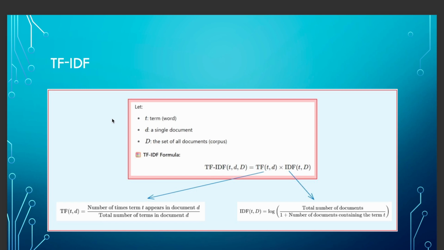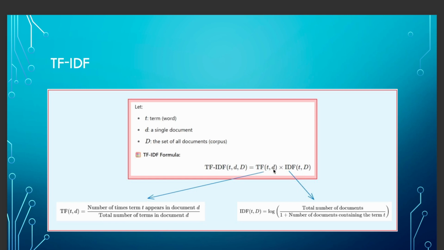So let's look into this formula, TF-IDF. We have three terms in TF-IDF. The small d is the document, the capital D is the corpus, and t is the term. Term means the token or the word. So we have term frequency, which is calculated per document, and the inverse document frequency, which is calculated per corpus.